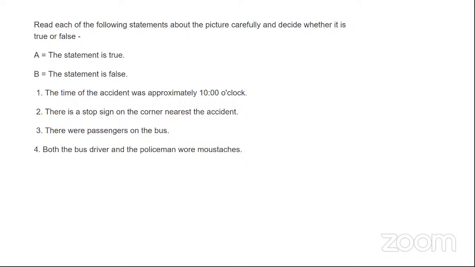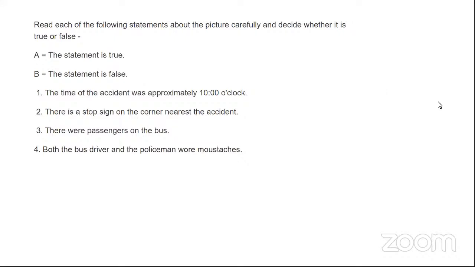Then there is a stop sign on the corner near to the accident. True or false? False. False.